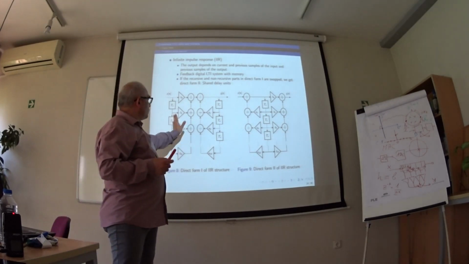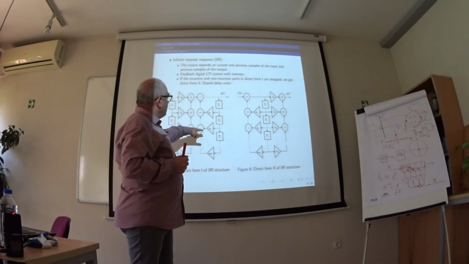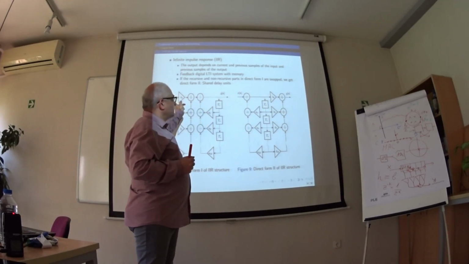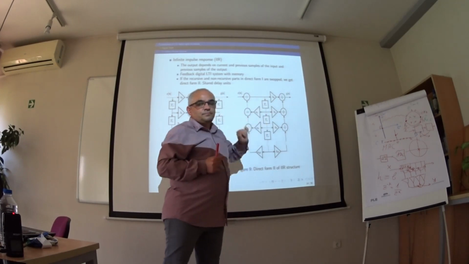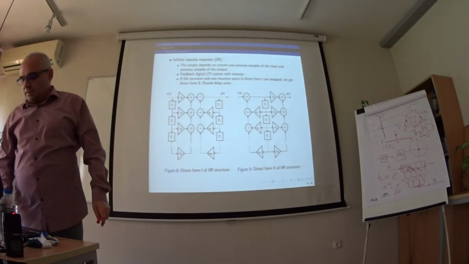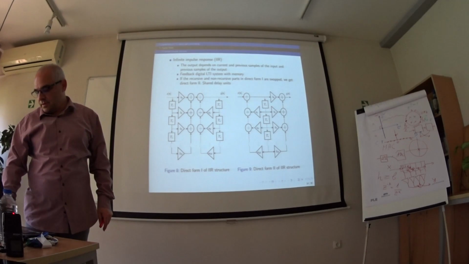If I swap the right and left parts, I can merge the delays and we can save memory. First is direct form 1, the second is direct form 2 of IIR.